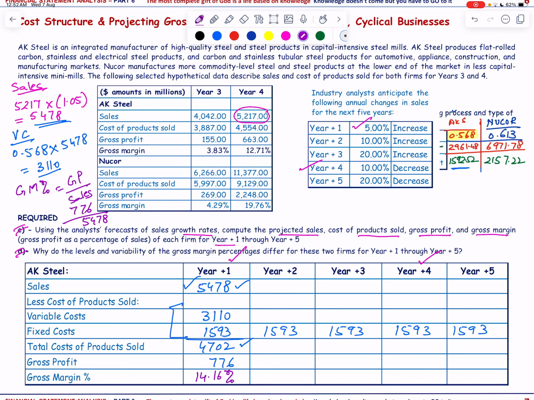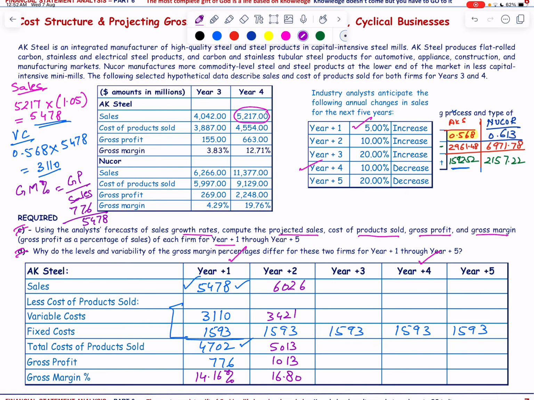Now in the same way you can make the calculation for year number 2 and 3. You can try it. I will simply substitute the values: 6026, 3421, and the total cost will be 5013. The gross profit will be 1013 and the gross margin percentage is 16.80.